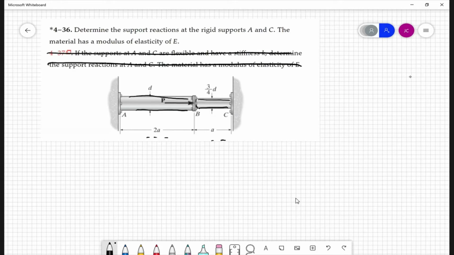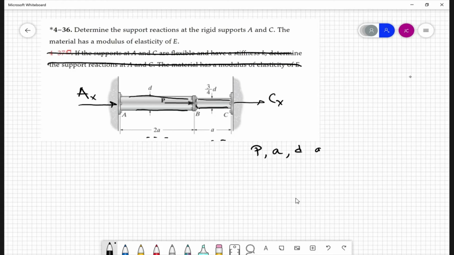Well, it wants you to find the support reactions at A and at C in terms of P. Okay, so P, even though it doesn't give you a number value, we can assume that P, A, and D are given.